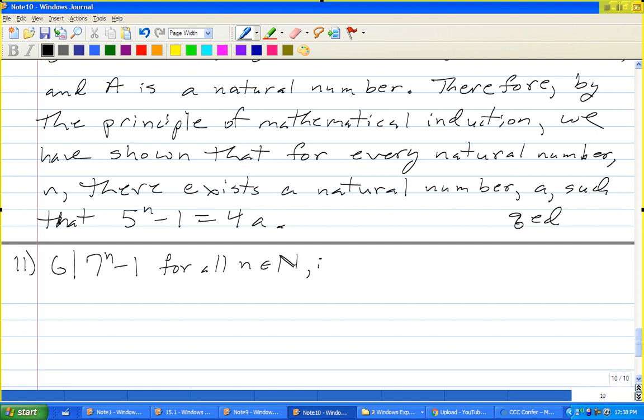So in other words, for every natural number n, there exists a natural number a such that 7^n minus 1 equals 6a.